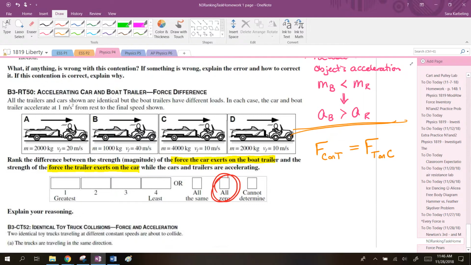But the strength of the forces is always the same. And so if you subtract them, the force of the car on the trailer minus the force of the trailer on the car, that's got to be 0, right? It does not matter how big they are. It does not matter what their accelerations are. None of that matters. The only thing that matters is that you've got a third law pair. That's it.